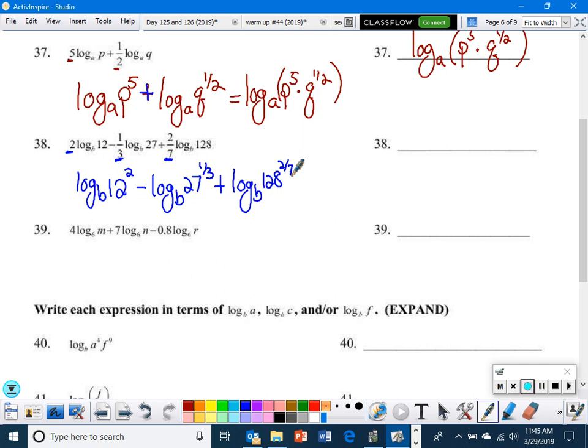Now, since there's no variables involved here, we can go ahead and simplify some of these before we go any further.